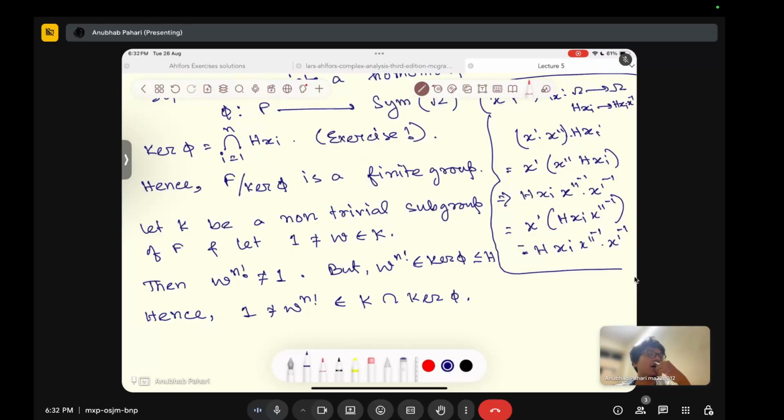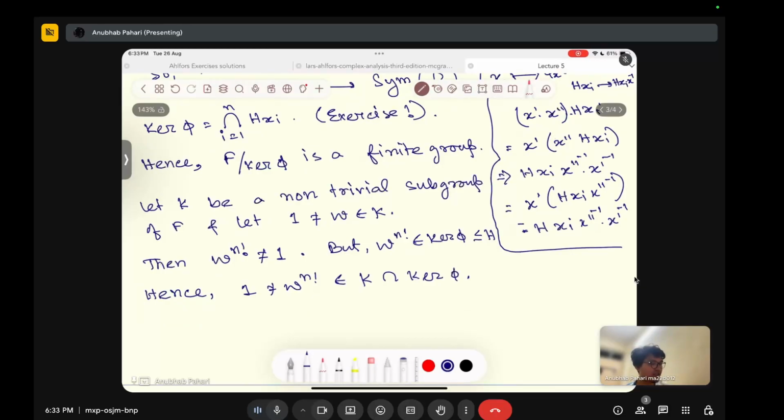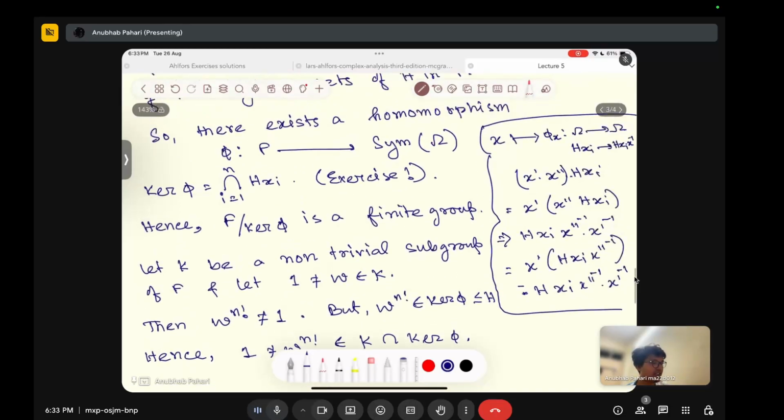Yeah, I am also getting confused when I wrote this down. So W to the power n factorial belongs to kernel phi means that this map should be identity, right?